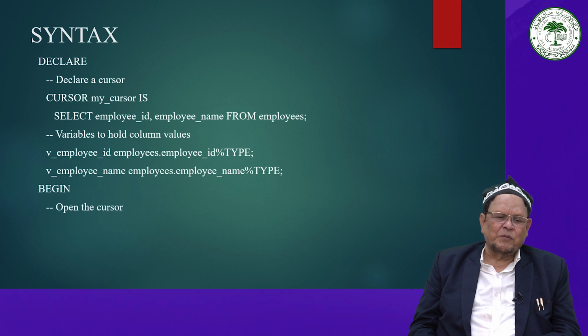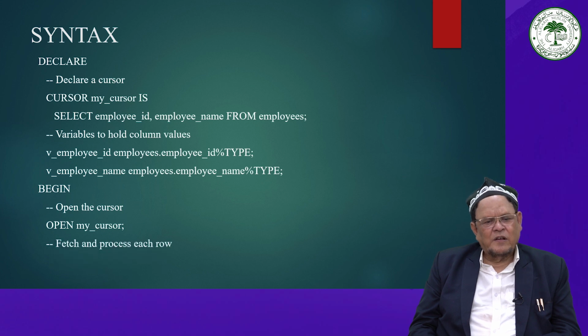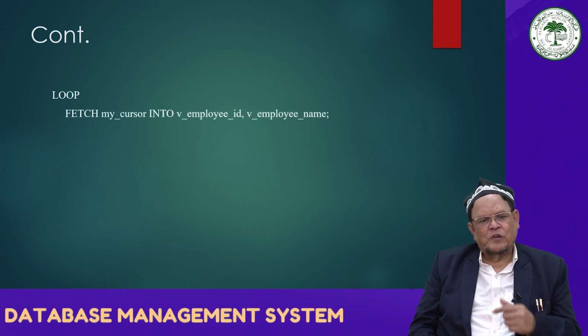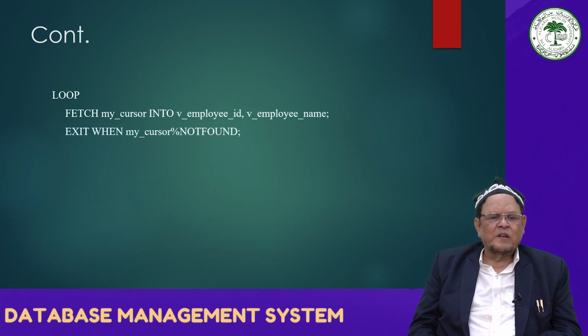Then you have to write begin. For the cursor you have to open and then close. Open my cursor and then you have to fetch data. For that you have to write loop. Fetch my cursor into v_employee_ID, v_employee_name. Exit when my cursor%NOTFOUND.